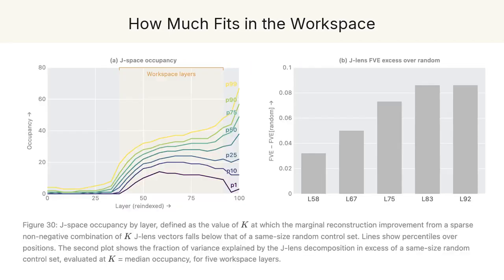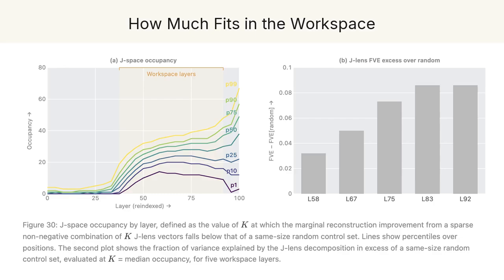Now, capacity. One of the defining features of a workspace is that it's small. The researchers measure this with a quantity they call occupancy. At each position, how many concept vectors are genuinely active, more than you'd expect from a random control. Outside the workspace layers, the answer is basically zero. Inside them, it climbs to the order of tens of concepts, and no more.